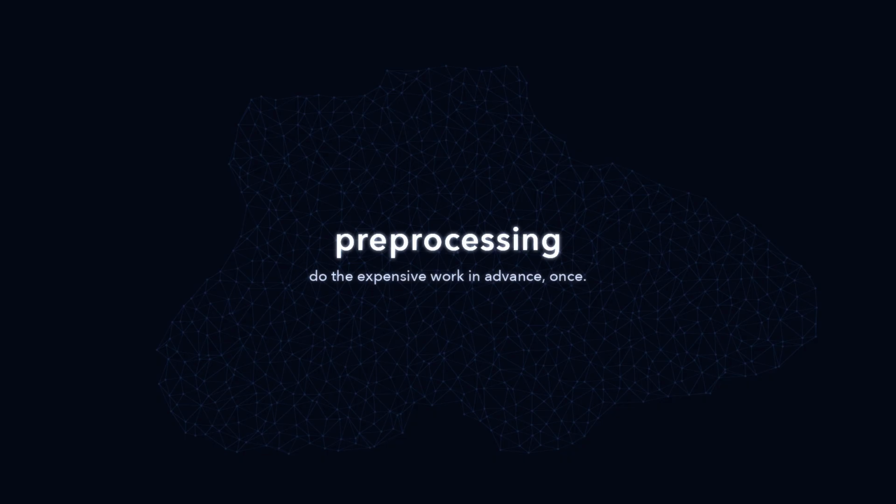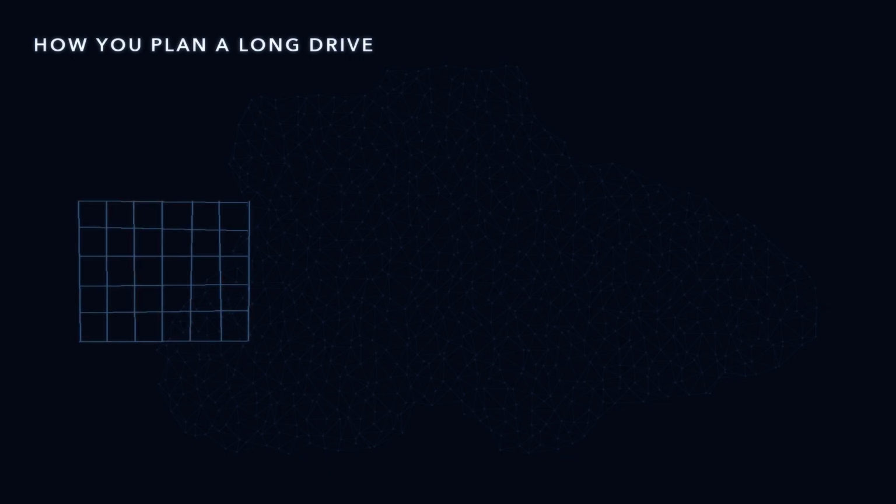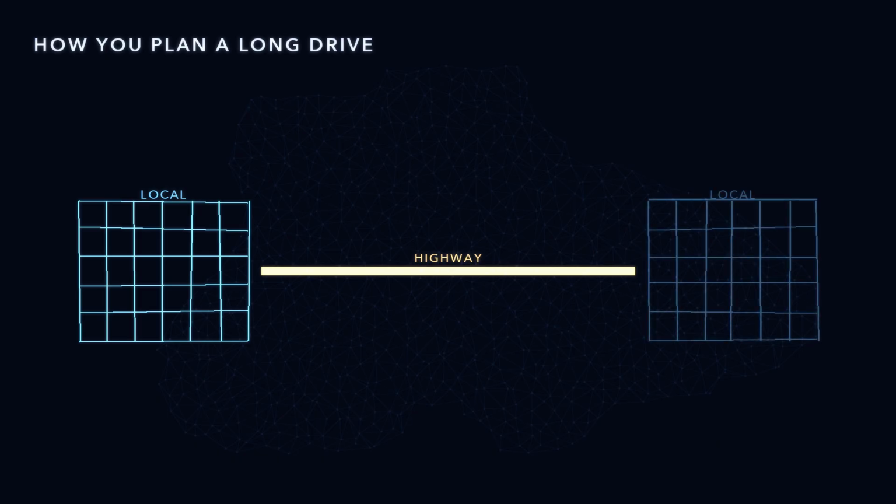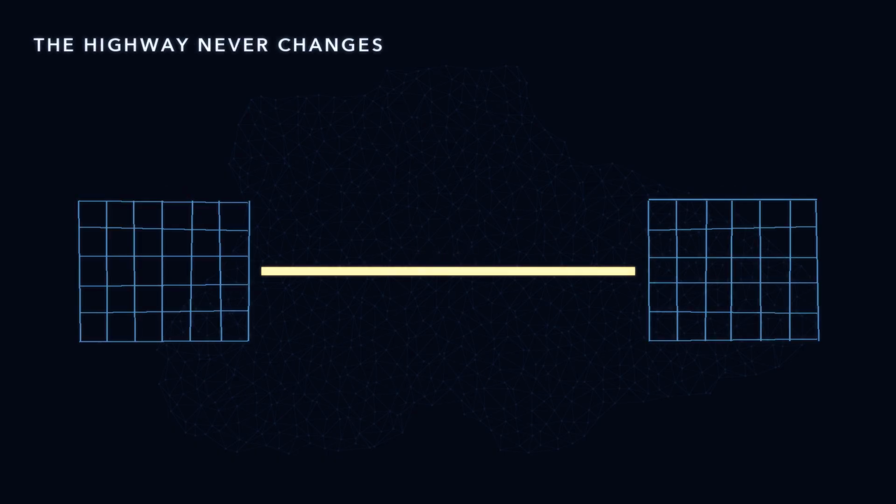Think about how you plan a long drive. You don't think street by street. You think, get to the highway, take the highway most of the way, get off near the destination. The highway part doesn't change from trip to trip, so why rediscover it every single time? The trick is to build shortcuts in advance.